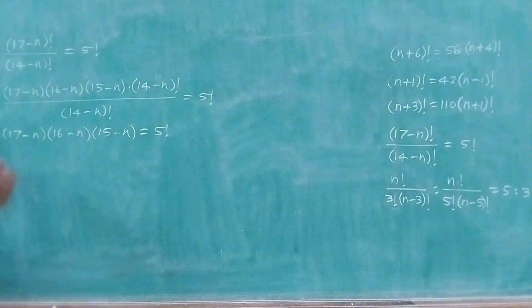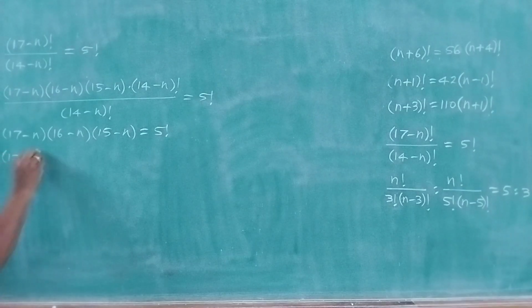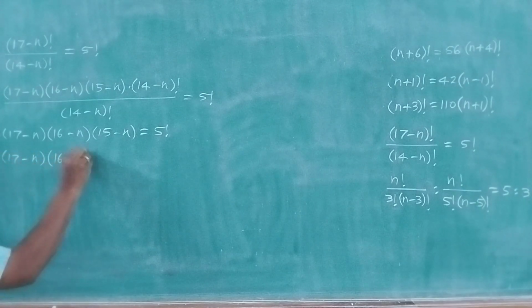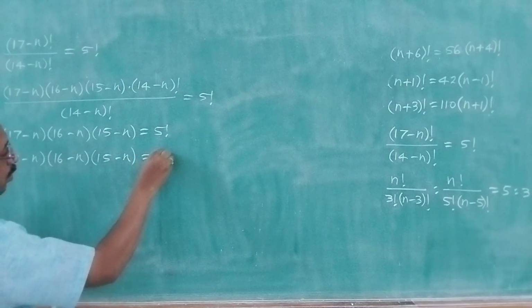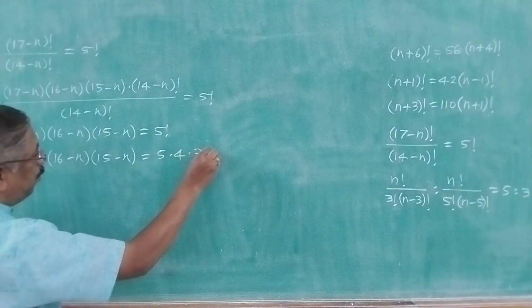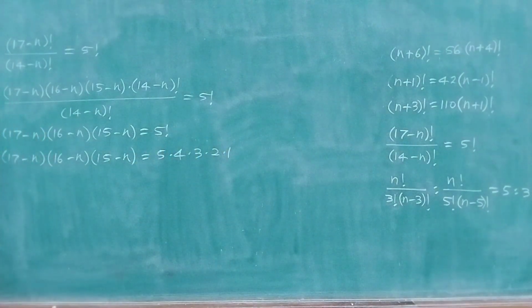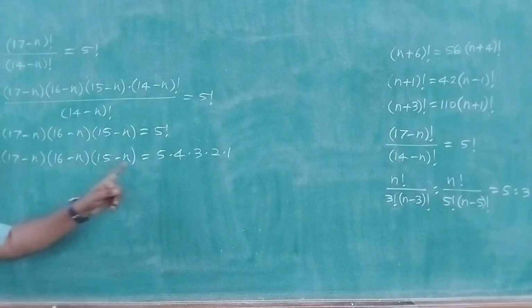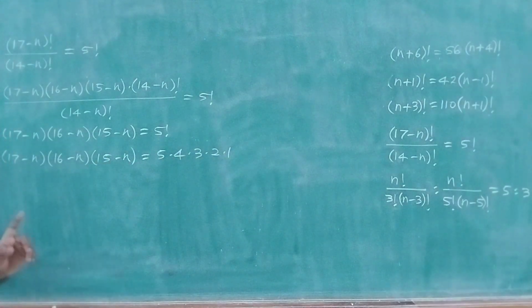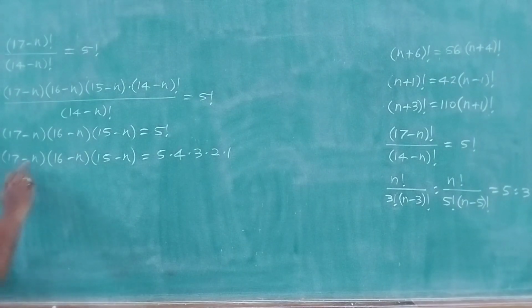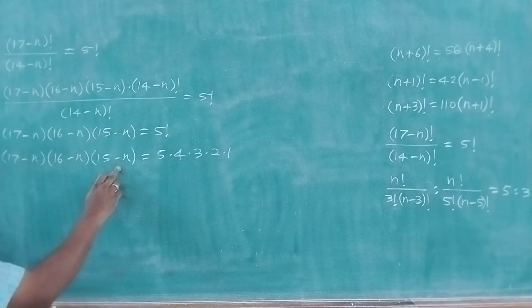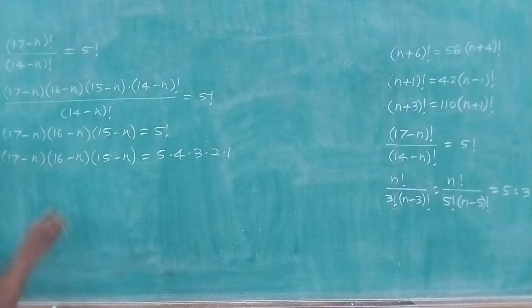But 5! means (17-n)(16-n)(15-n) is equated to 5 multiplied by 4 multiplied by 3 multiplied by 2 into 1. Now, whatever the product may be, it will be written in terms of factors such that the three factors are consecutive with a difference equal to 1.